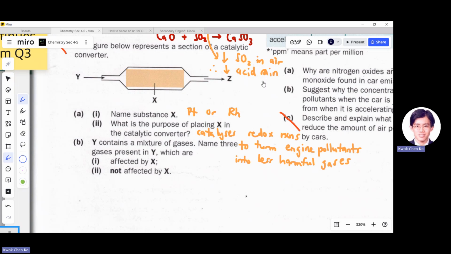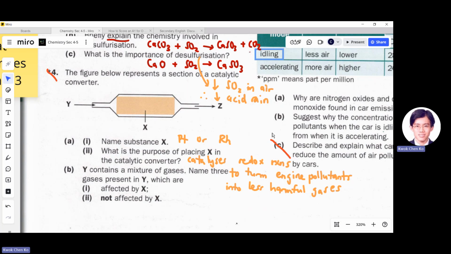Now look at part B. B is a bit tricky. Try not to be careless. Sabrina, B part 1. Okay. One more? I mean, they asked for 3, but what's the other one?